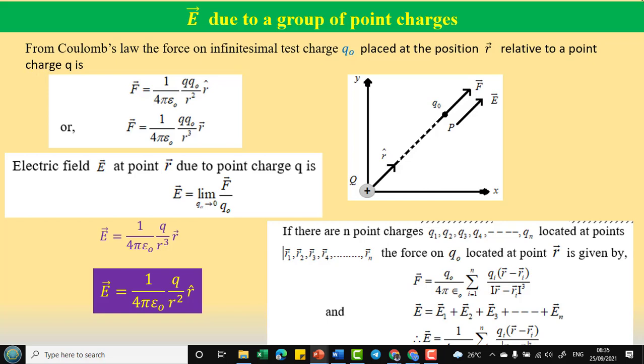From that definition, we have written the intensity of electric field E as the limit Q naught tending to 0, where Q naught is the test charge, of the Coulomb force experienced by that unit positive test charge placed at that point in the electric field, divided by how much test charge you have placed. So E is equal to the limit Q naught tending to 0 of F by Q naught.